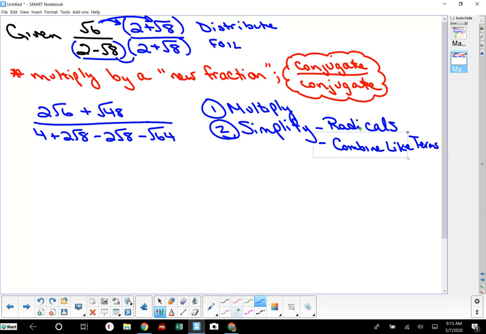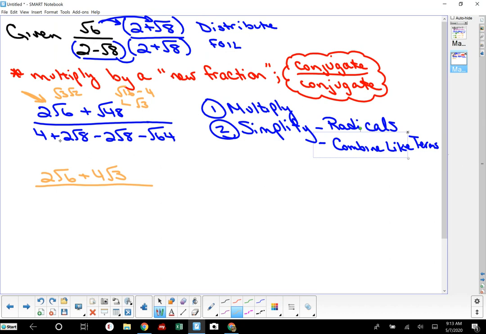Okay, so let's see what we can do here. The first term on the upper left-hand side, a radical 6 only goes to a rad 3 and a rad 2, so I can't do anything with that. So the 2 rad 6 is going to stay the same. The rad 48 is a rad 16 and a 3. Rad 16 is a 4, so this becomes plus 4 radical 3.